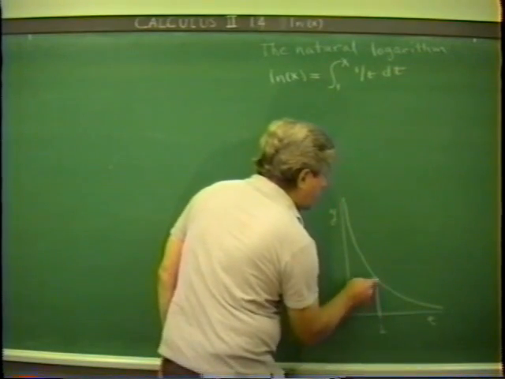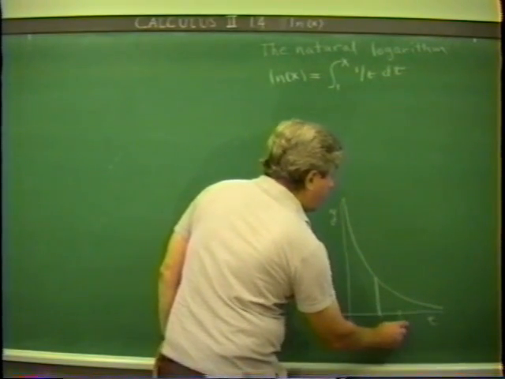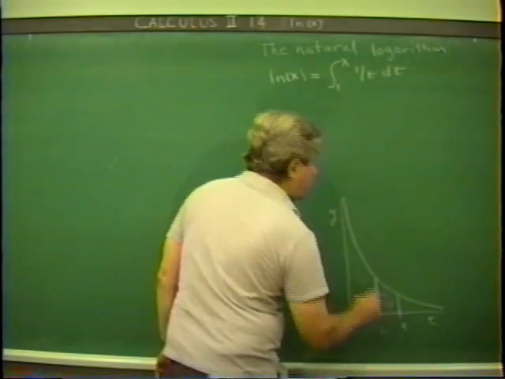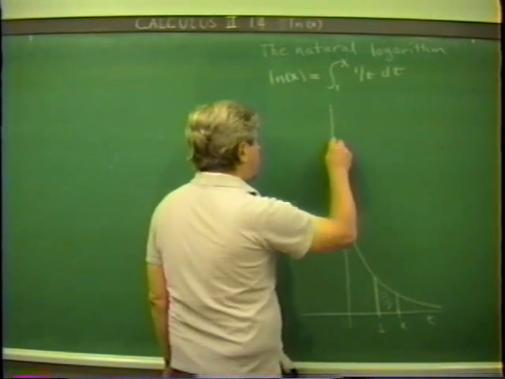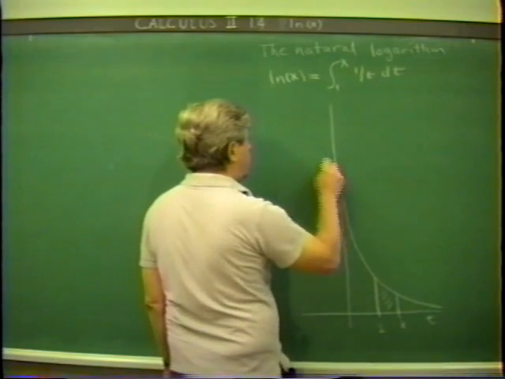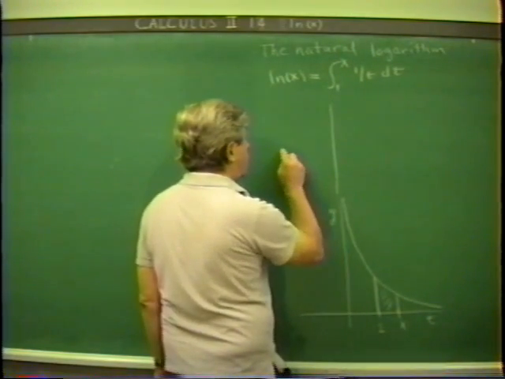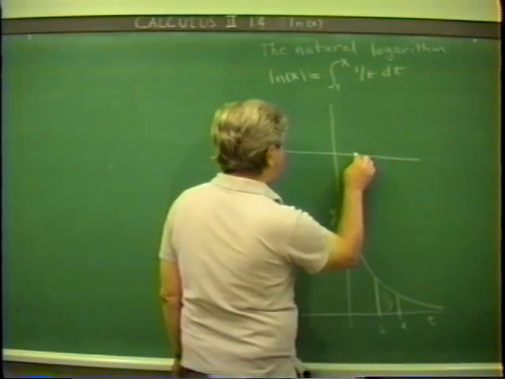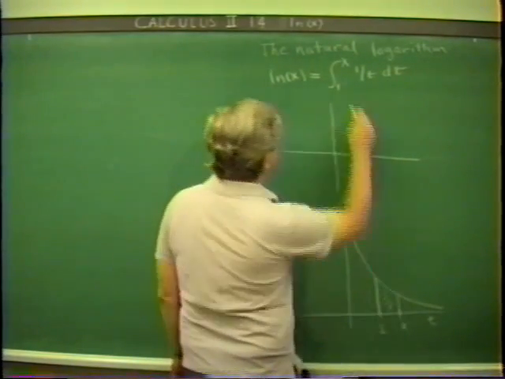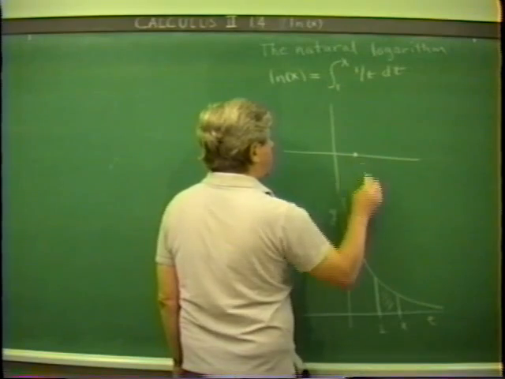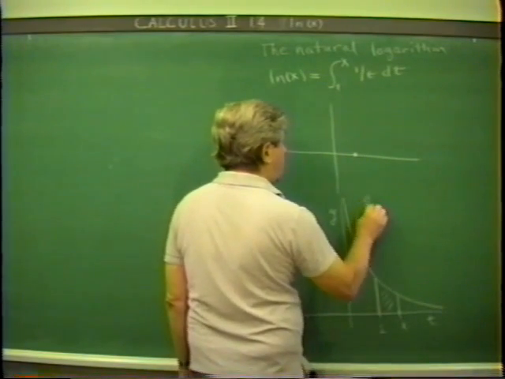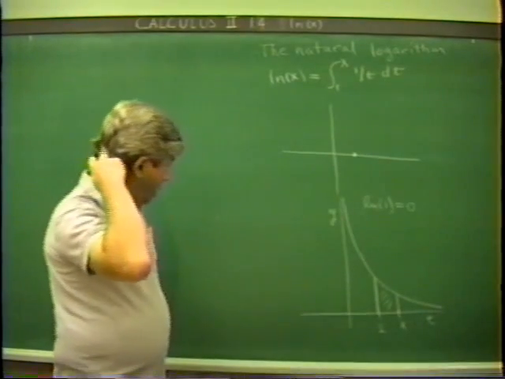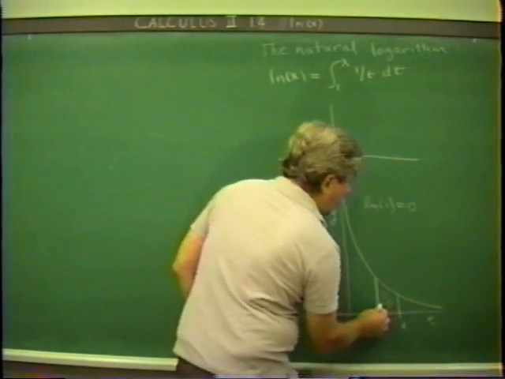Then, to get the natural logarithm, we integrate this function from 1 to x, and this gives you the value of the logarithm. So in particular, we'll see immediately that this actually looks like a logarithm. At 1, the integral from 1 to 1 is 0. So we immediately get that the logarithm of 1 is equal to 0.